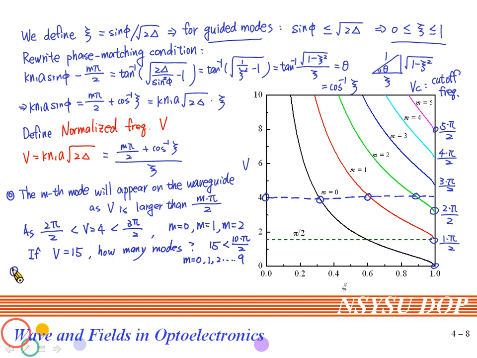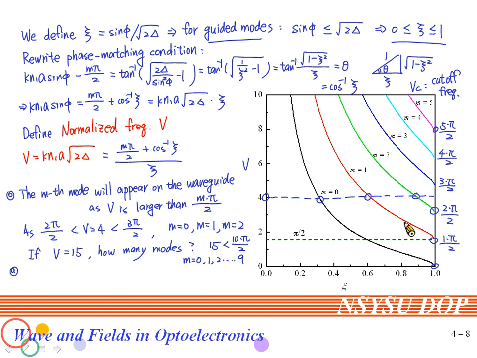Another property is that usually we like to have a single mode waveguide in optical communication systems. So let's see under which condition we will have a single mode waveguide. To have a single mode means that we only have the m0 mode, and we don't want the m1 mode to appear on this waveguide.